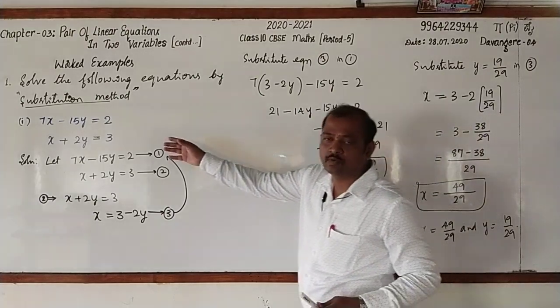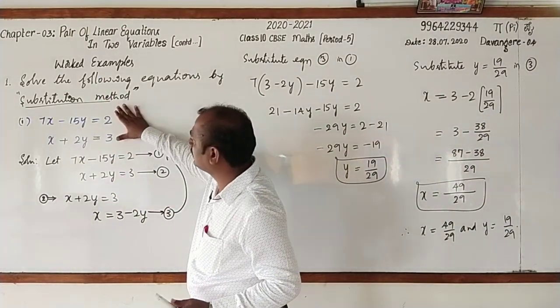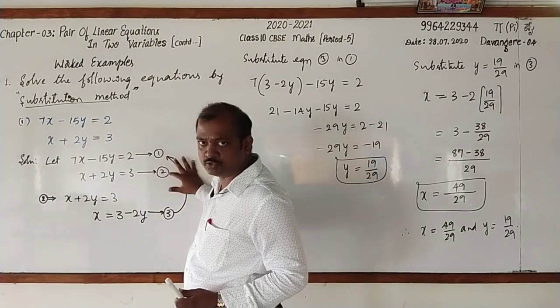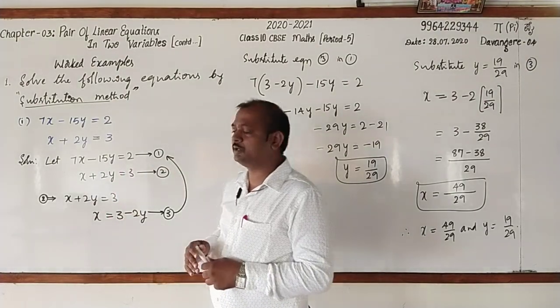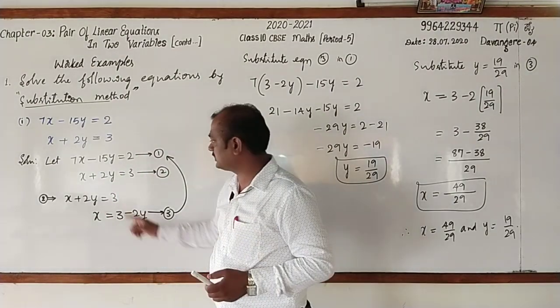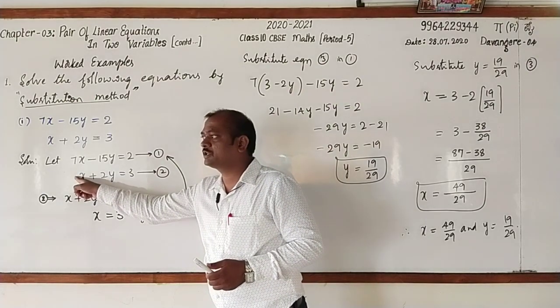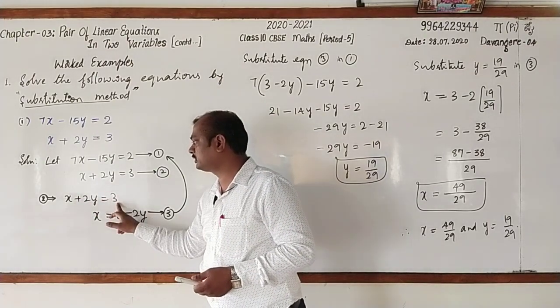Now, once I go for explaining, please listen carefully. Very simple thing. Take the given equations and call them 1 and 2. Solve for any one of the variables, taking any one of the equations. Here I have taken the second equation because the coefficient of x is least. It will be easier. x plus 2y equal to 3.